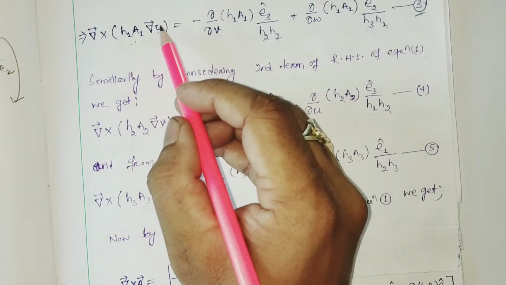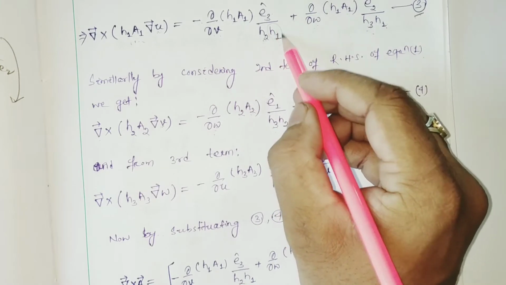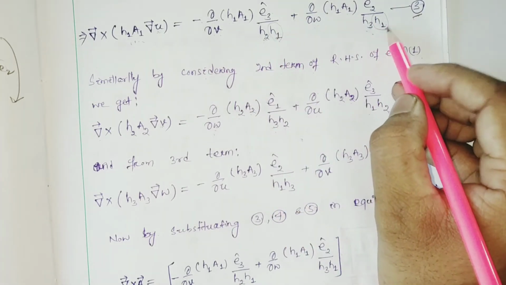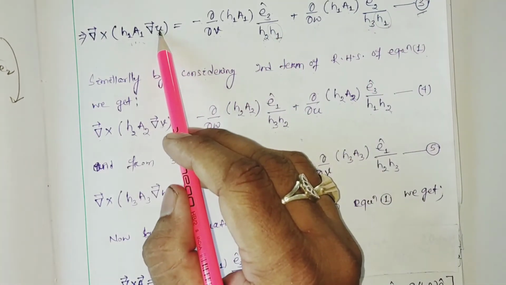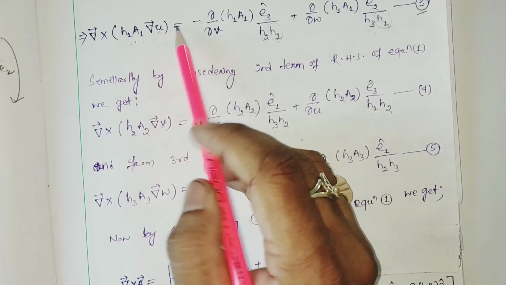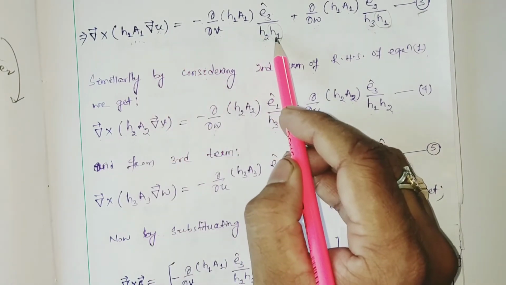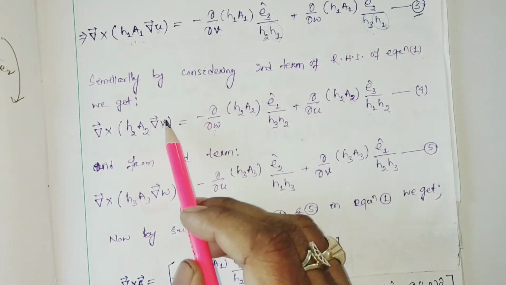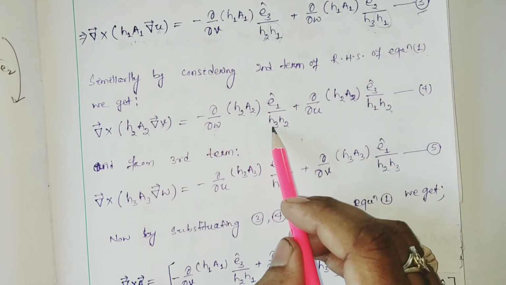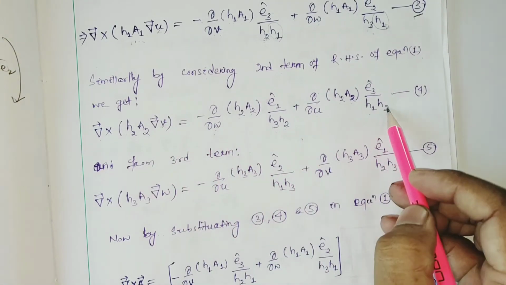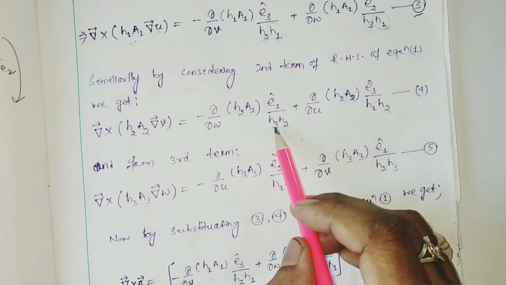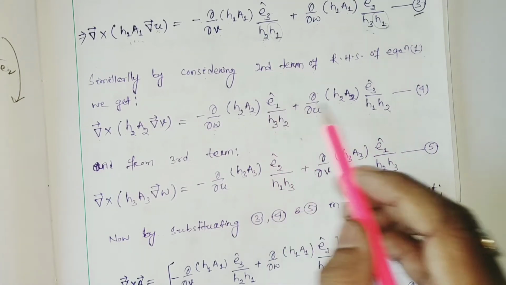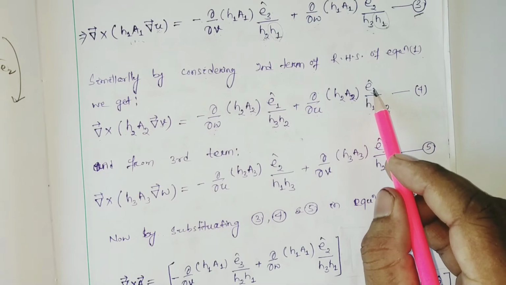See, here U is there means H1 is common, so after U, V will be there, corresponding H2 H1 and H3 H1. So V is here means H3 H2, then H1 H2. For 3 2 the numerator will be E1 cap, for 1 2 it will be E3 cap.